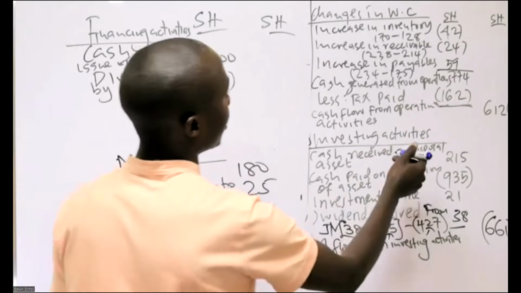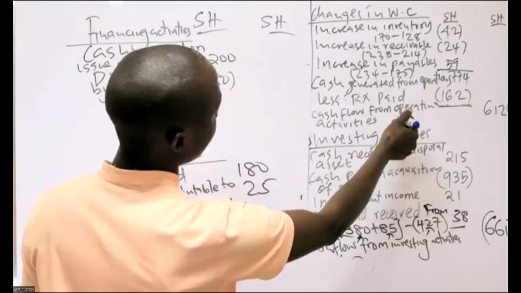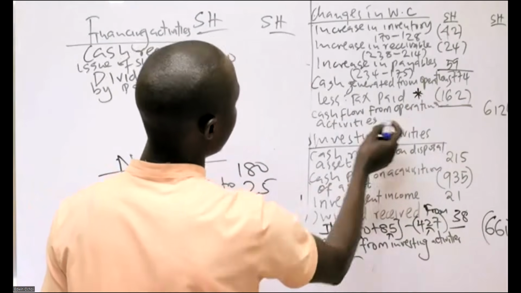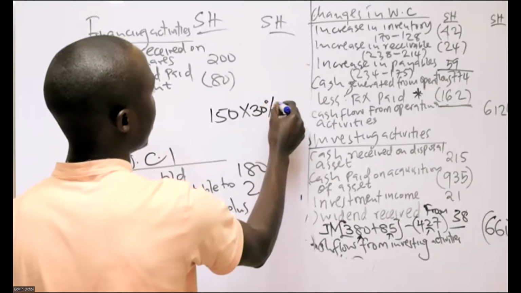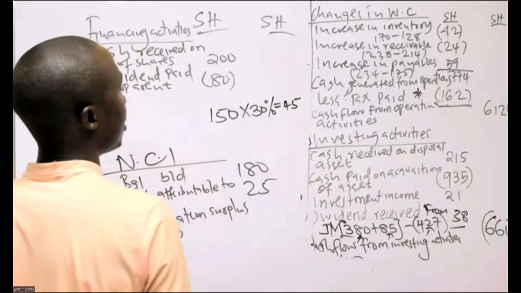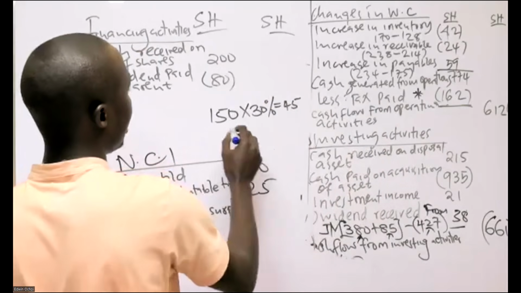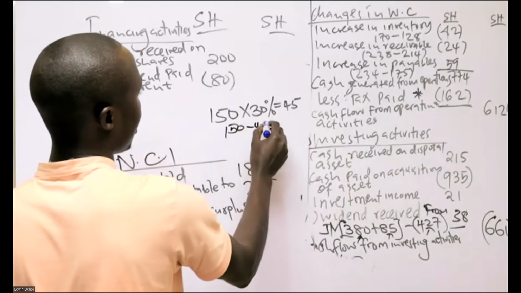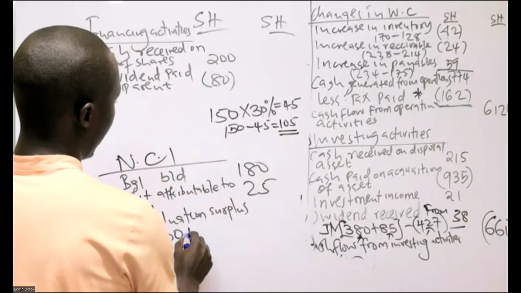Then remember that when we were doing this tax paid, the revaluation was 150. We considered 30%, which is 45, which we considered when we were doing this tax. So the balance 150 minus 45 is 105. So here you add 105.